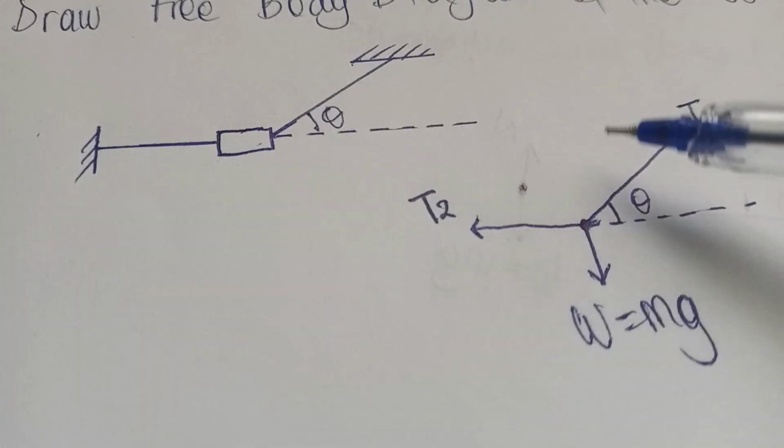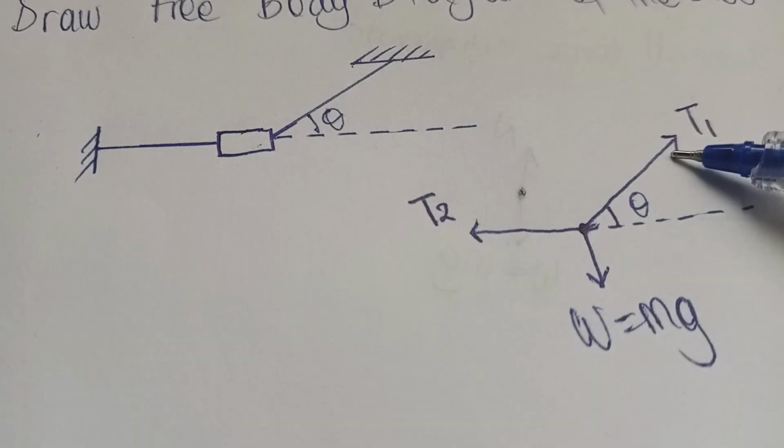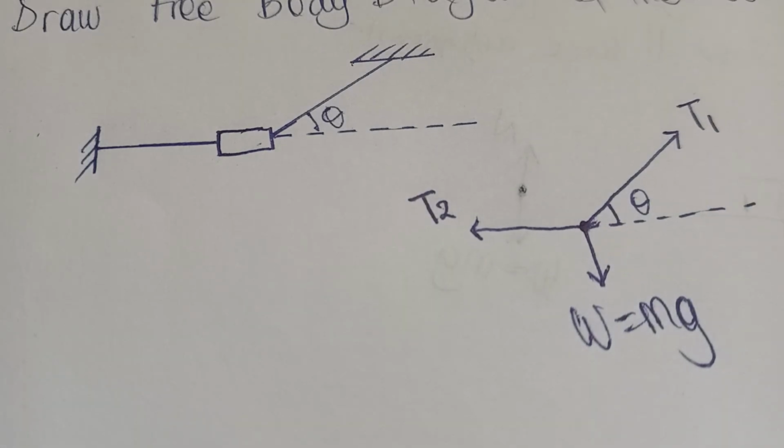Now you might ask yourself, how did I know that this tension goes towards this direction and this tension goes to this direction? There are a lot of ways of explaining this, but the way that I like to explain it is more imaginative.